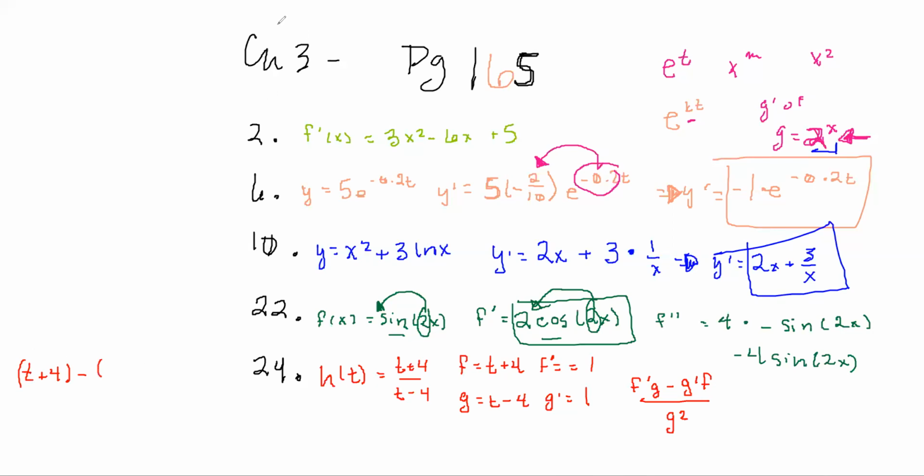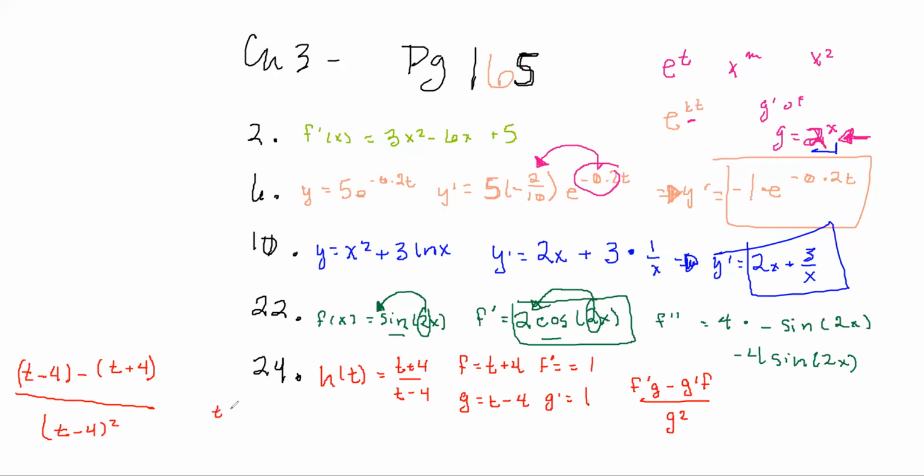Oh, this is minus. Don't mess up your signs. Minus 4 t plus 4, all over t minus 4 squared.